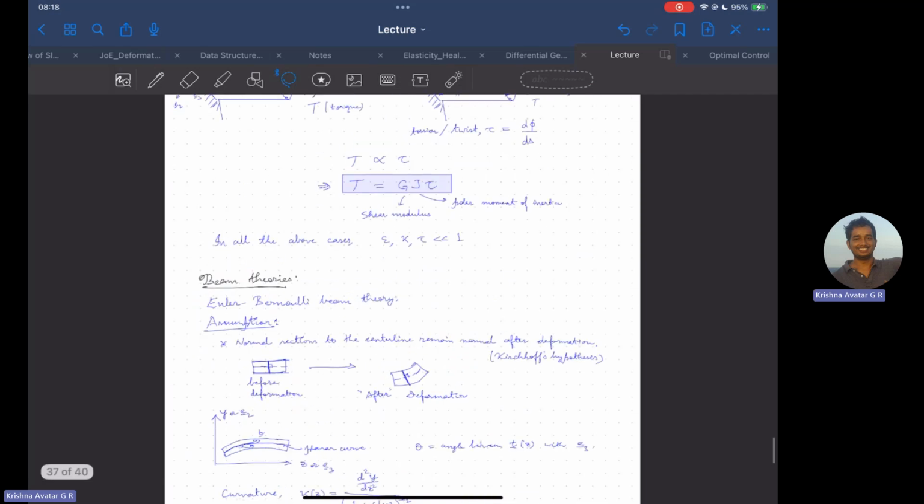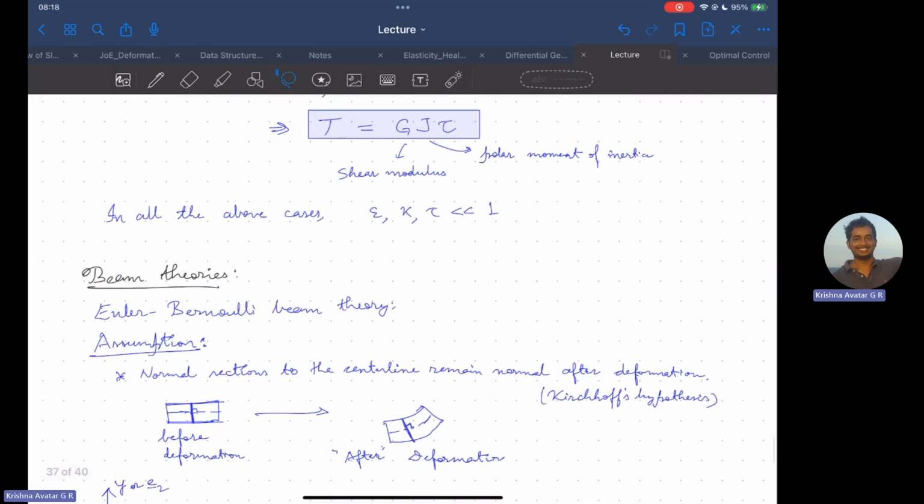I've been trying to put it in a very brief format, since our goal is not to discuss or derive this from very fundamentals, since it's typically covered as a part of strength of materials or solid mechanics.